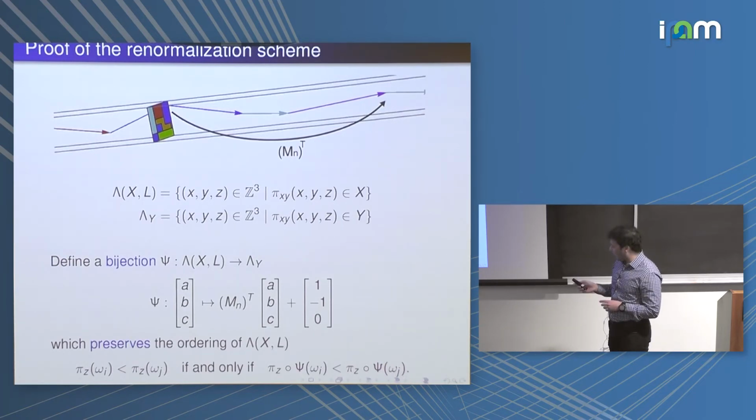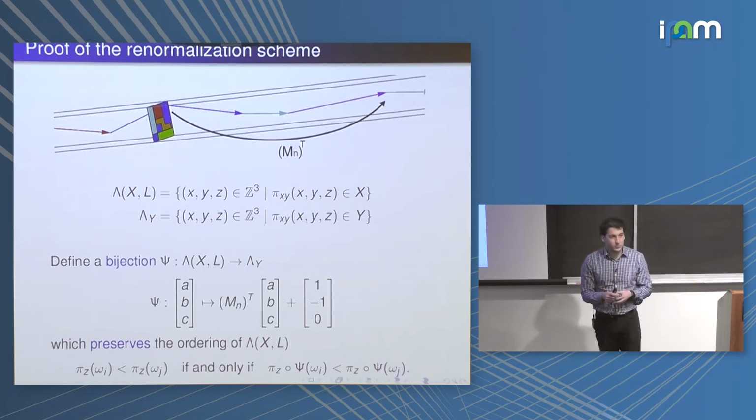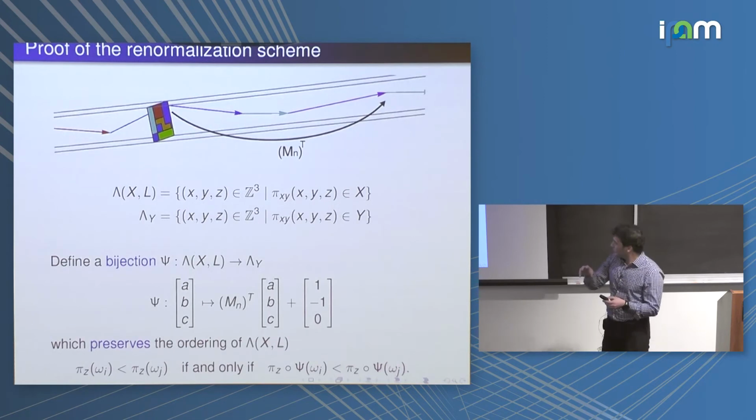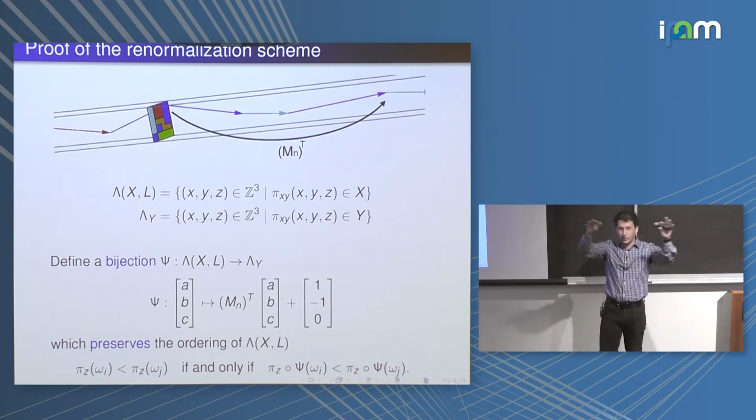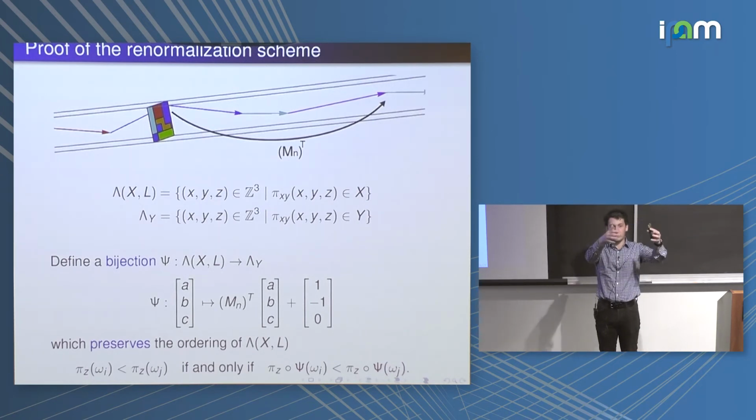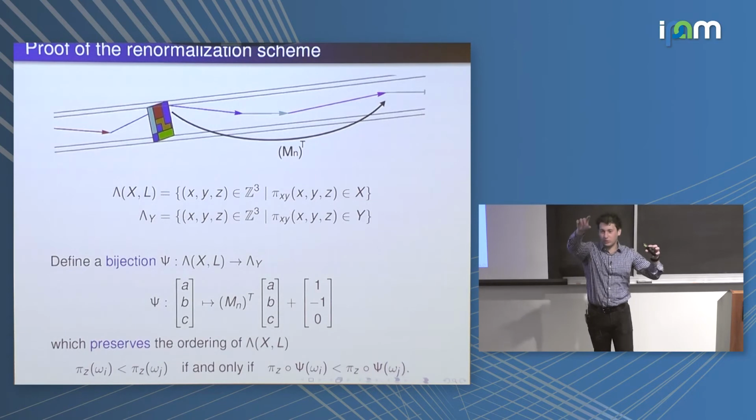And I'll call lambda sub y those lattice points which lie in a smaller window that we can observe by looking through this first return set. So I have a big window, which I'm using to look at all these lattice points, and then I have a smaller window where the first return set lies.